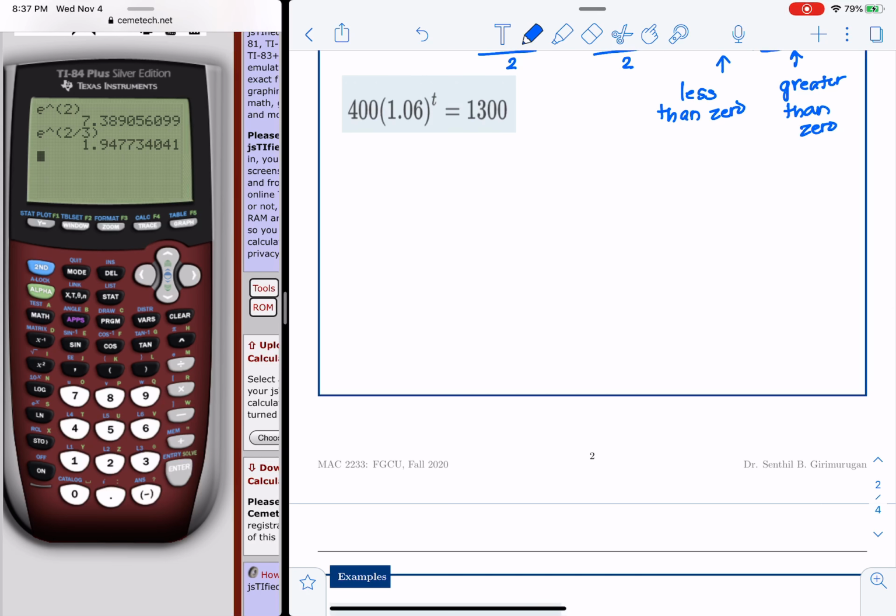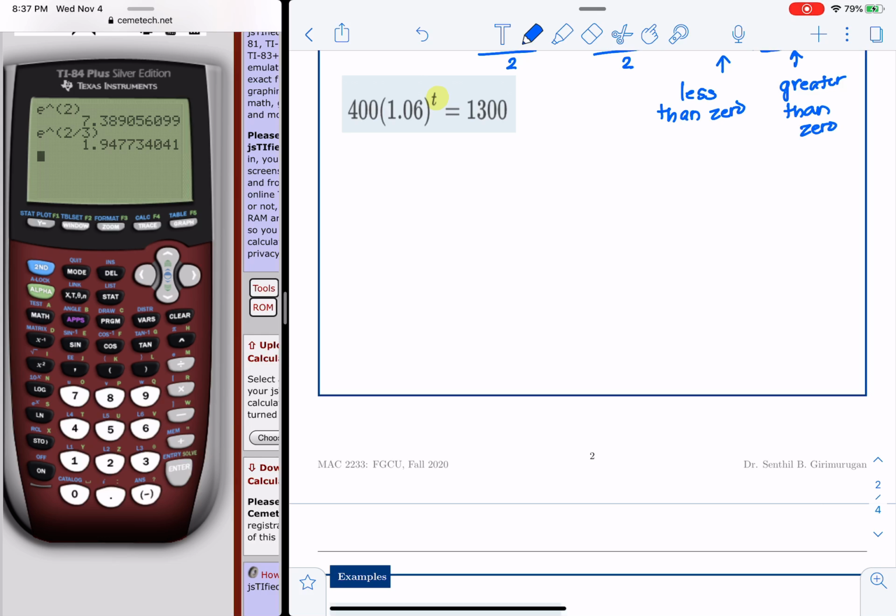Here we have a numerical problem where we are trying to solve the equation 400 times 1.06 raised to t is equal to 1300. So the power here is t.